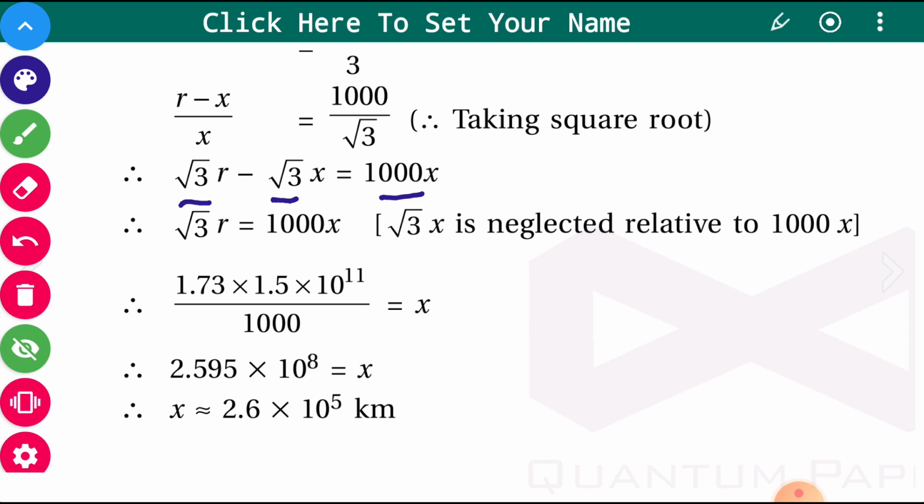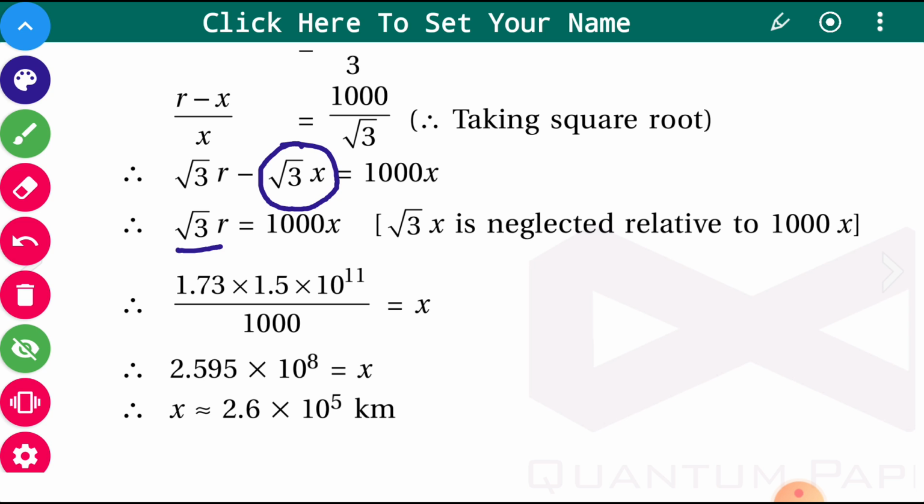Now root 3 x is neglected relative to 1000x, because it is very small. If you just take it on the other side and add it to 1000x, it is not giving you a significant change or a very big value. So just neglecting this very small value of root 3 x.